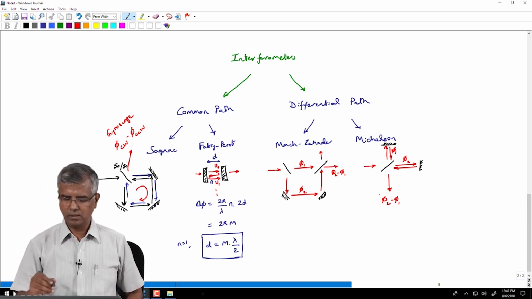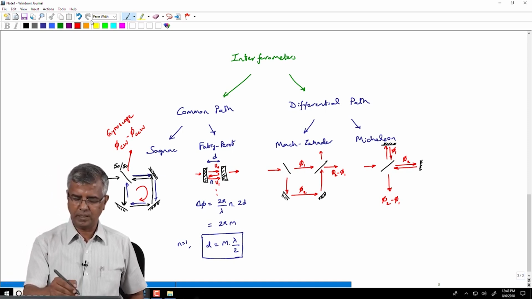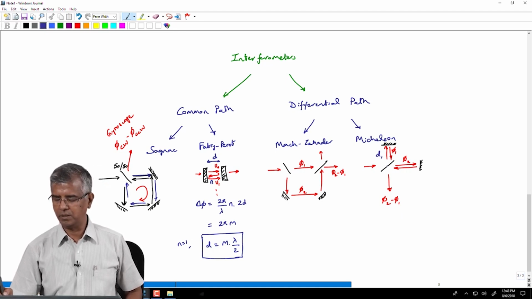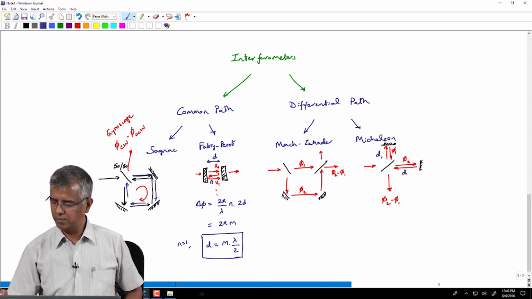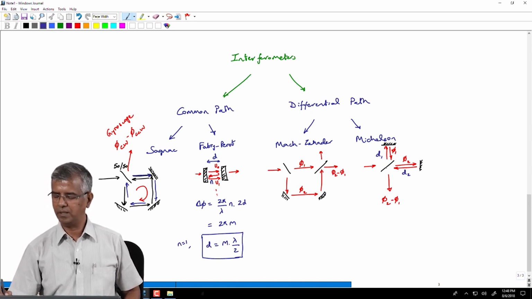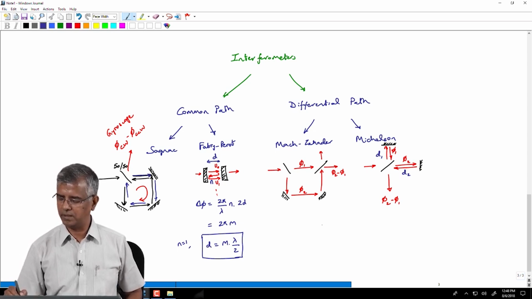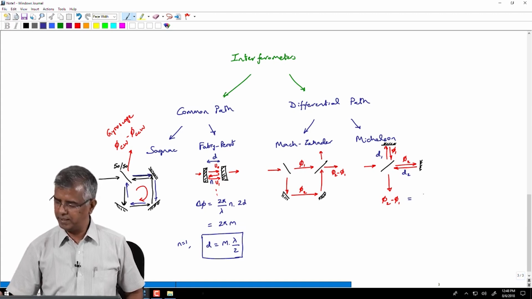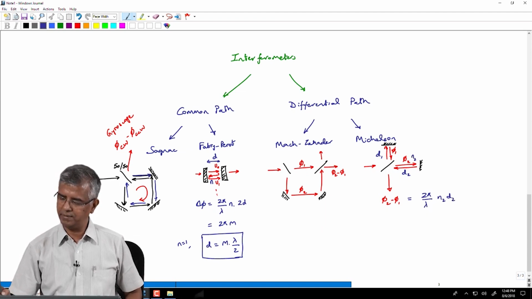So, let us just write it out. Let us say this has d1 as the distance between your beam splitter and the mirror, and similarly d2 is the distance between the beam splitter and this other mirror. Then phi 2 minus phi 1 can be written as 2 pi over lambda n2 d2. Let us say n2 is the refractive index of this medium and n1 is the refractive index of this other medium.